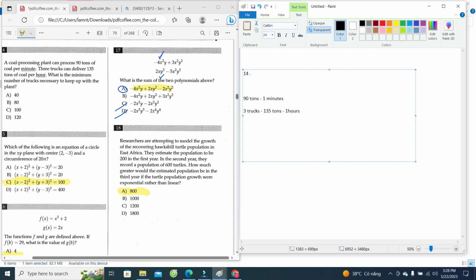So this is gonna be equivalent to 90 tons times 60, for 1 hour, right? So this is gonna be 5,400 tons per hour. Correct.